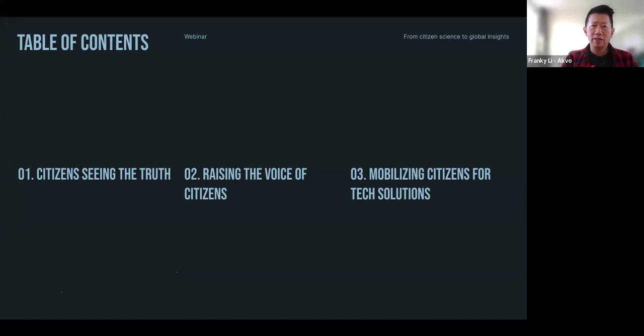So that's the second area. In the third area, it's almost like the reverse. It's how to tap into the expertise, the input of citizens to help develop information products and tech solutions.